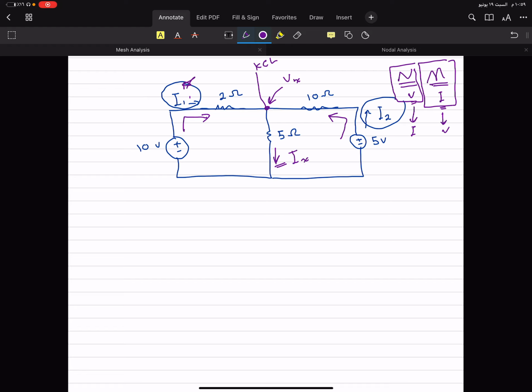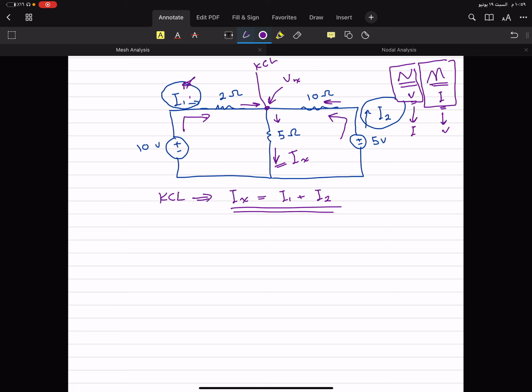So as we see, I2 is coming inside, and I1 is coming inside, and IX is leaving. So I can say that using KCL, which is Kirchhoff's current law, IX is equal to I1 plus I2. Okay, so in this one, I can find all currents.